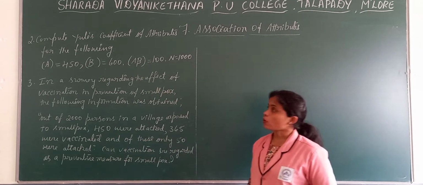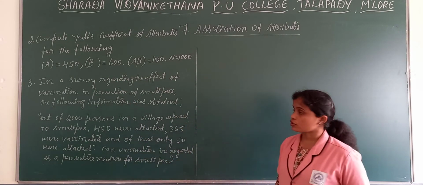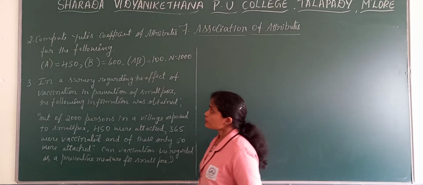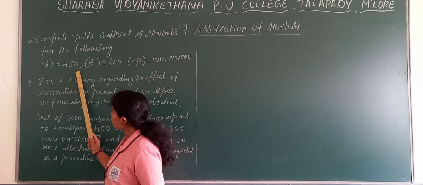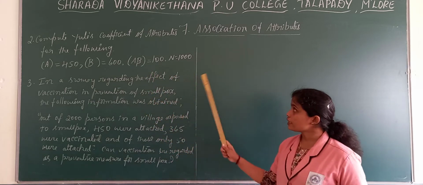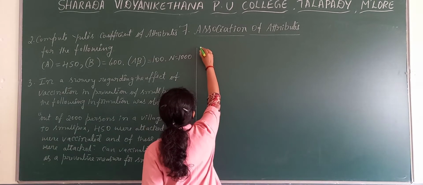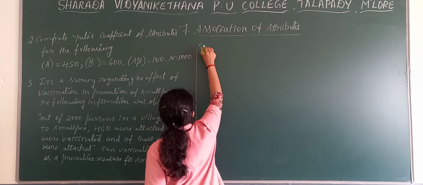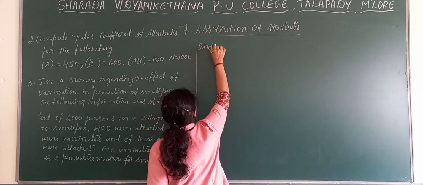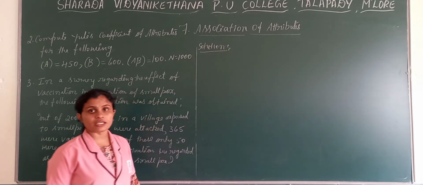Read the second problem. Compute Euler's coefficient of association for the following. Here they have given A as 450, B as 600, A beta as 100, and N is equal to 1000. Now in the solution, write the second problem. Firstly we will solve the second one. Firstly we need to write the given values.